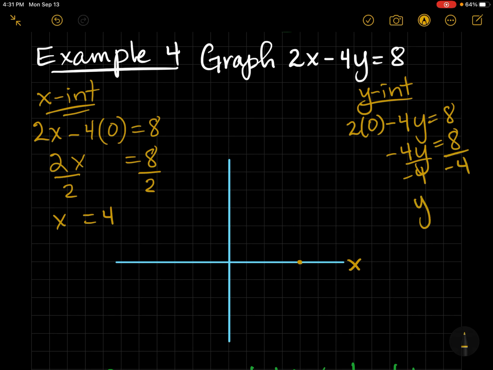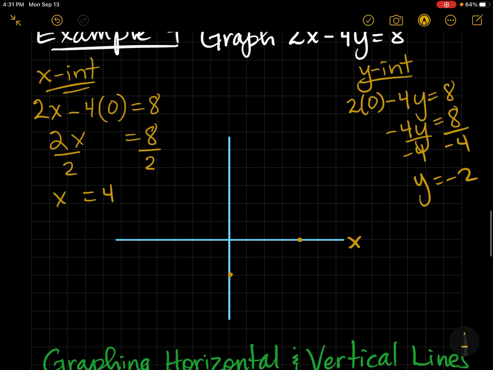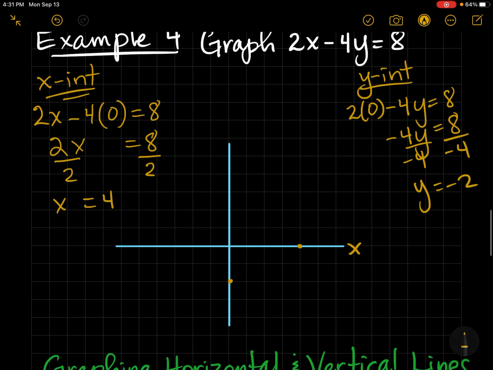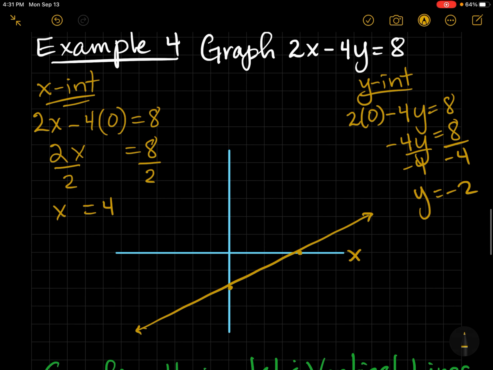Dividing both sides by -4. And so now I can see my intercept is -2. And there's our line. Okay. And that is the same line that we can come up with by using slope-intercept form.